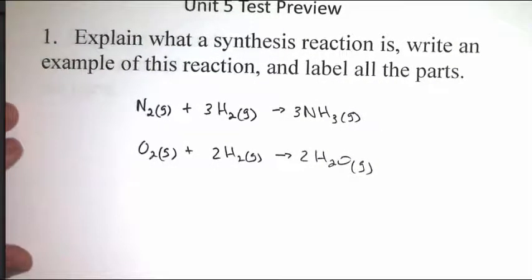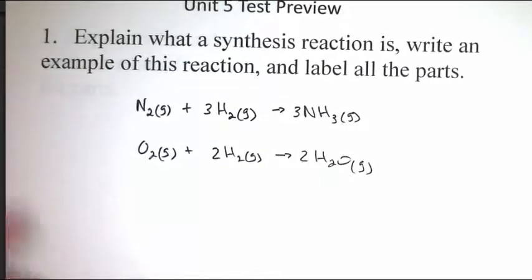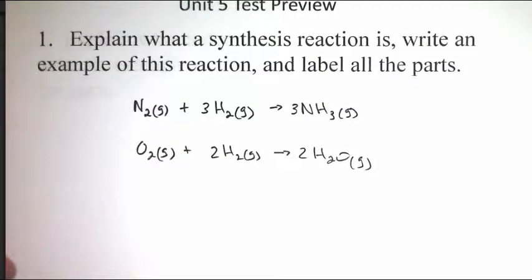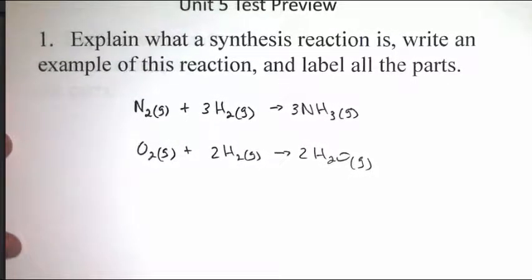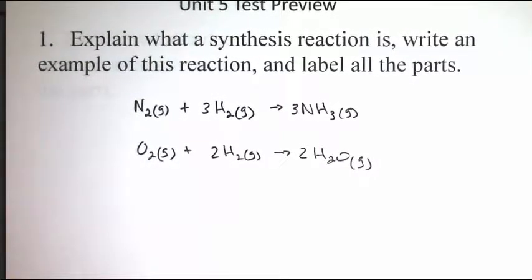What is a synthesis reaction? It's taking two or more chemicals and combining them to make a larger chemical, or a new chemical anyway. It might not be physically larger, but at least it's making a new chemical. Labeling all parts just means making sure you've got the physical state labels on there in this case.